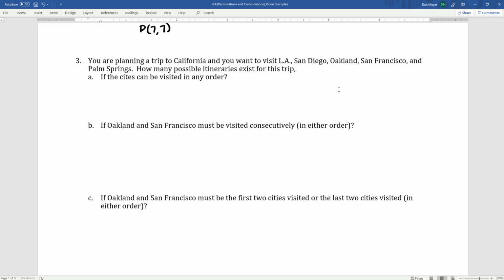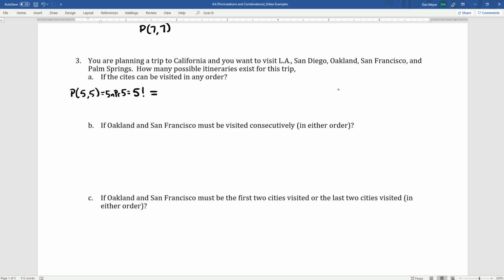Okay, so this is another straight-up permutation. Of those 5 cities, we're just going to arrange them. Pick all of them and pick an order for them. 5 factorial, or if you prefer the permutation notation, P 5 5 or 5 nPr 5.